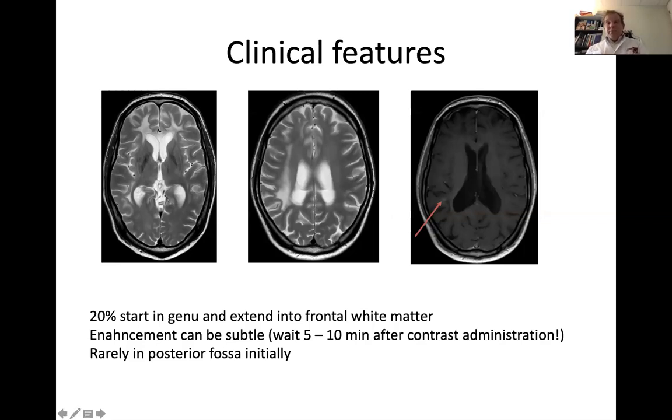And then you can see at the red arrow that enhancement can be incredibly subtle. And sometimes you have to wait for a long time, 5 to 10 minutes after the contrast administration for the image acquisition to actually see any enhancement. So that is a caveat. The most frequent presentations are the two just described, and in very rare cases it can also begin in the posterior fossa, for instance in the cerebellum, but that is very rare.